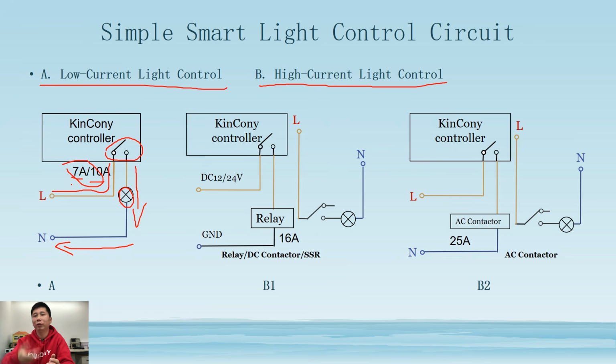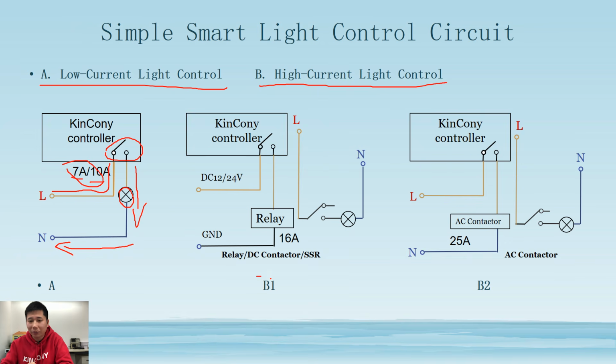Maybe half of the ampere is safe. And if you use the 10 ampere relay, I suggest you make sure your lamp is smaller than 5 ampere. That will give enough safety for your relay and your lamps. So this is the simplest one, just let your controller's relay control your lamp directly.